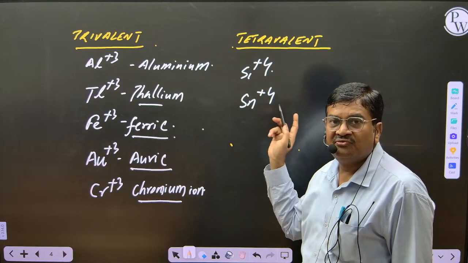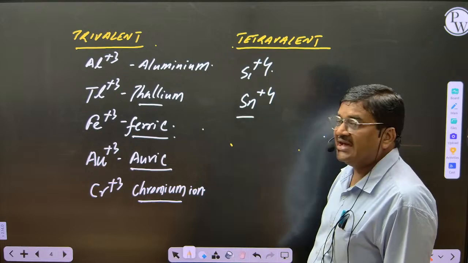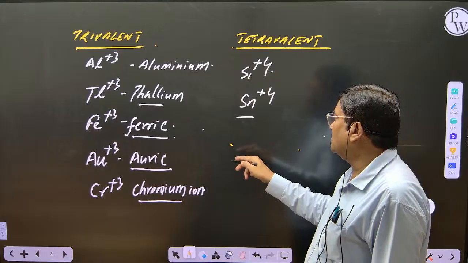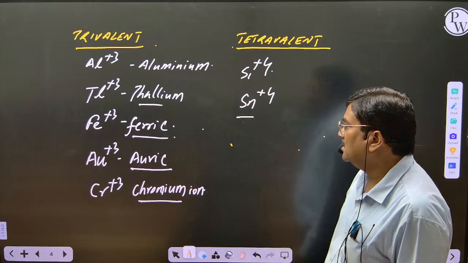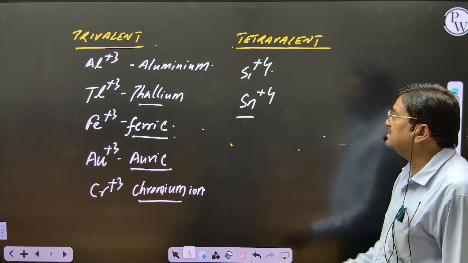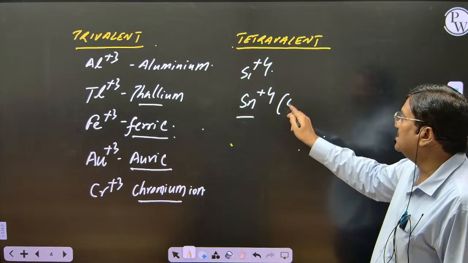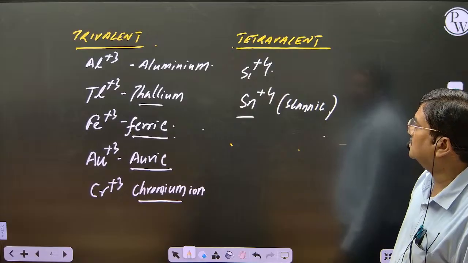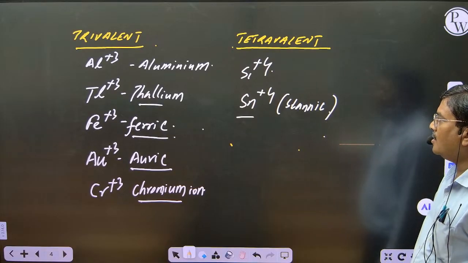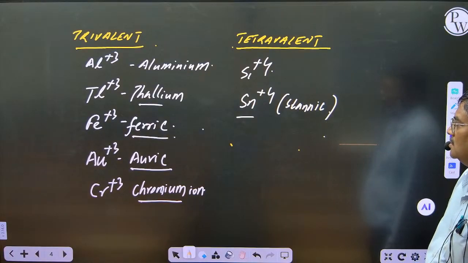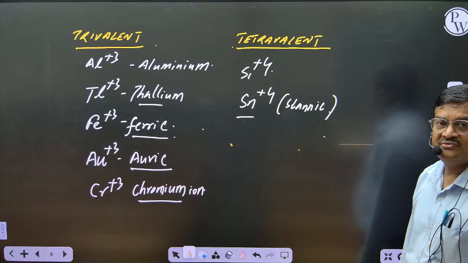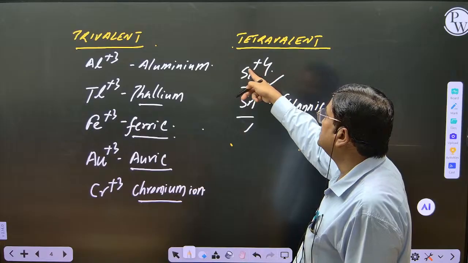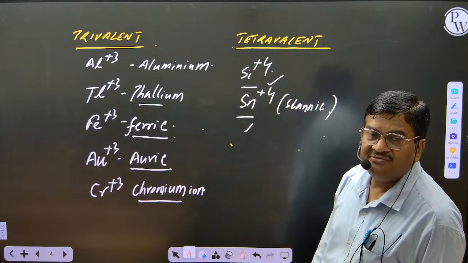It belongs to group 14. Stannous, stannic. This is stannum, and plumbum, plumbic. This is stannous, this is stannic we call. Stannic belongs to group 14. So these are tetravalent ions, whose valency is 4.